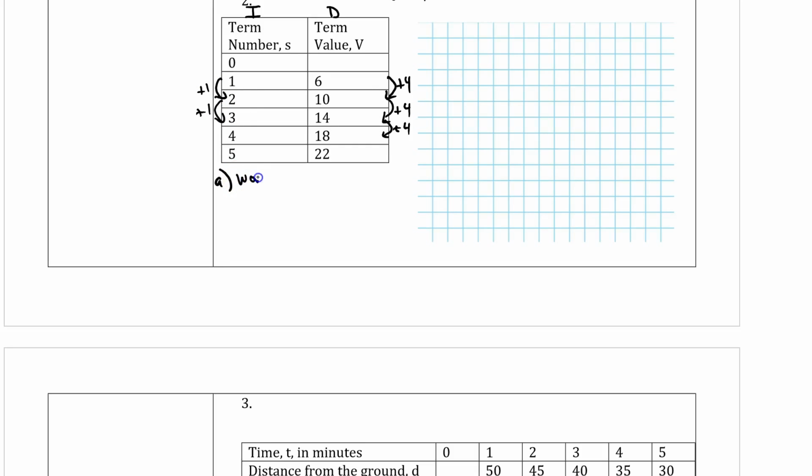So words: for every increase of 1 in term number, there is an increase of 4 in the term value.